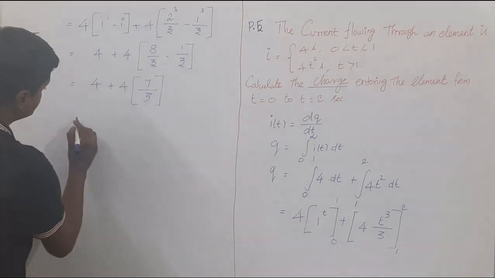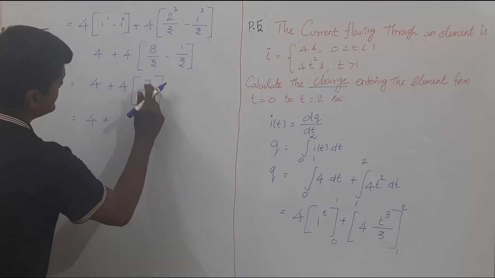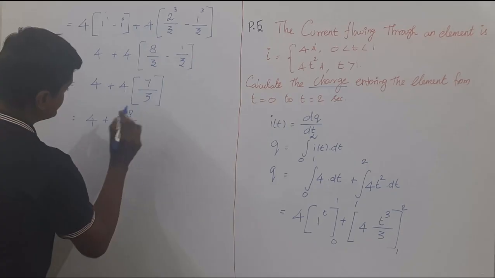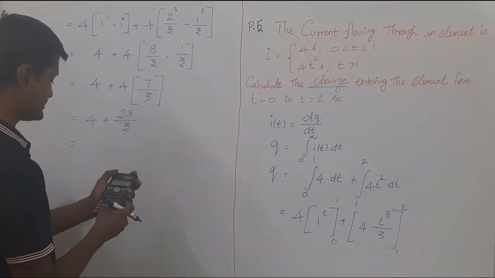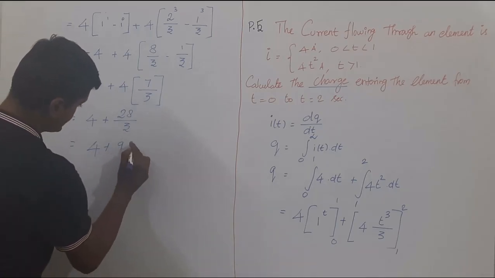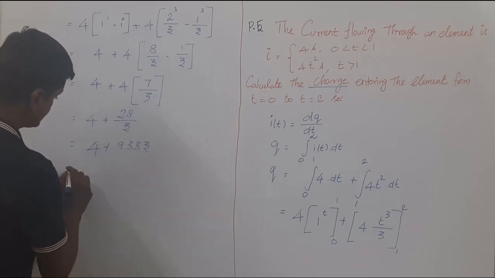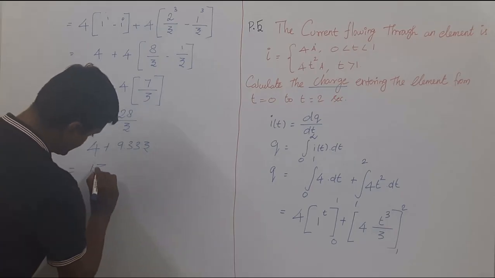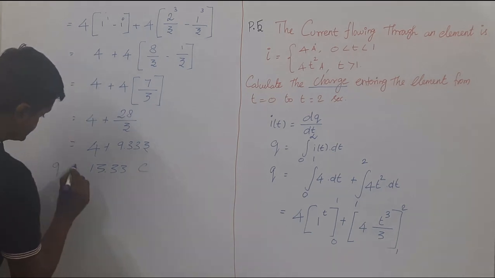So the value is 4 plus 4 times 7 divided by 3, that is 4 plus 28 divided by 3, which is 4 plus 9.333, equal to 13.33 coulombs.